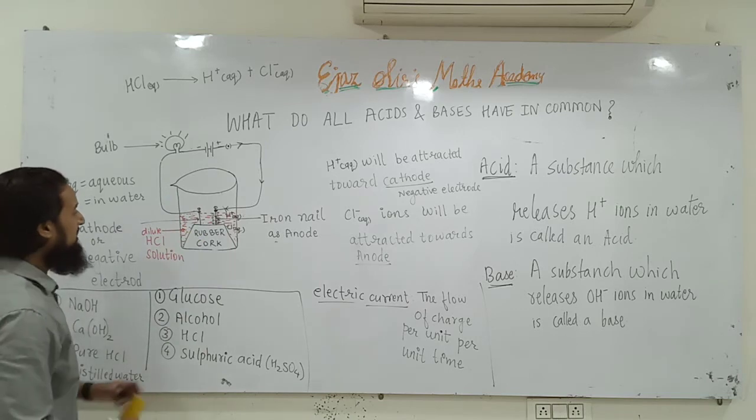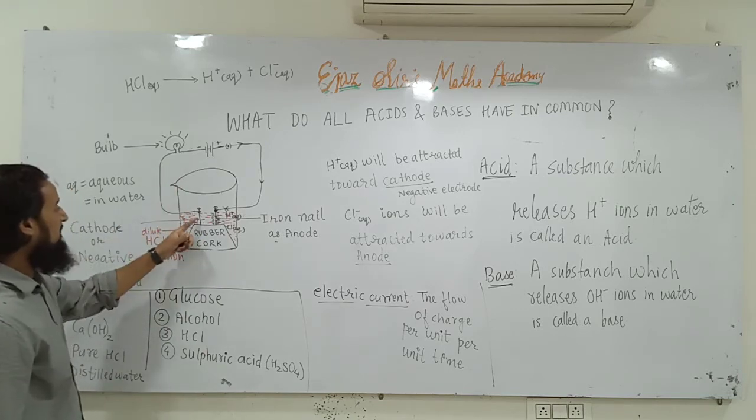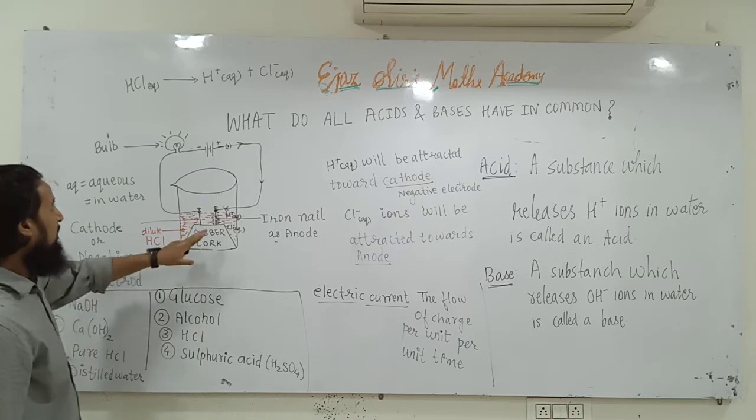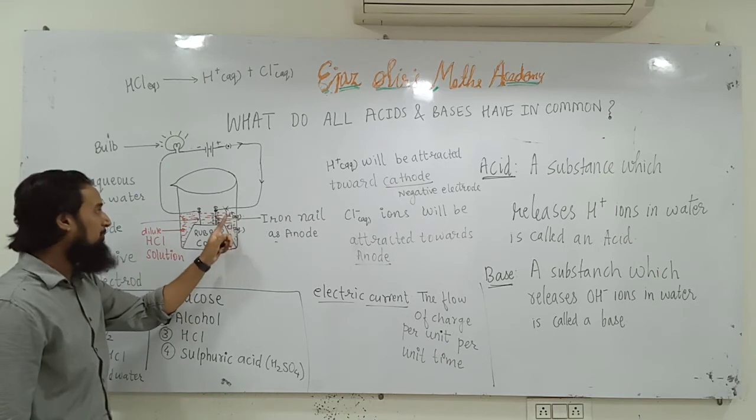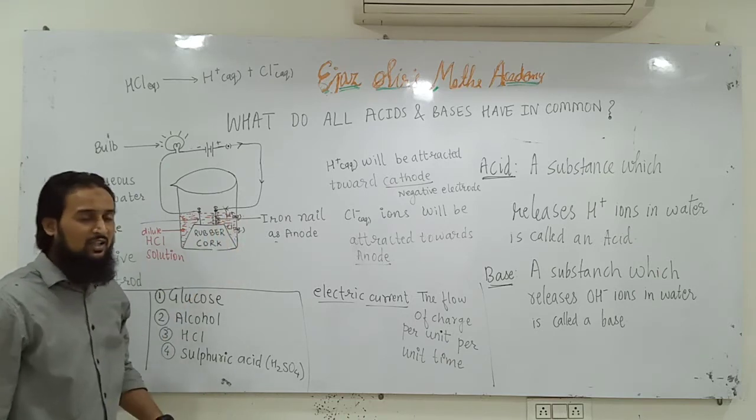Hydrogen gas will be liberated at the cathode. And what will happen? The bulb will glow because in this solution there are positive and negative ions.